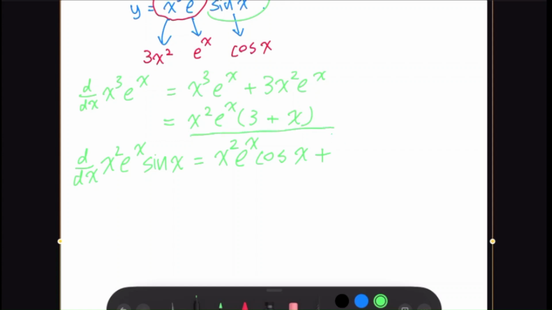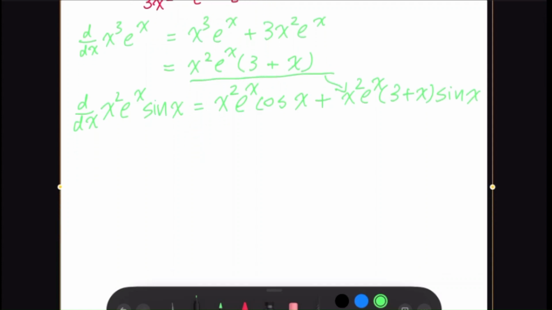So we'll move this over to here: x squared ex (3 plus x) sine x. And then in the end, if we bother to factorize things out, we'll end up with x squared ex, (3 plus x) sine x, plus x cos x.